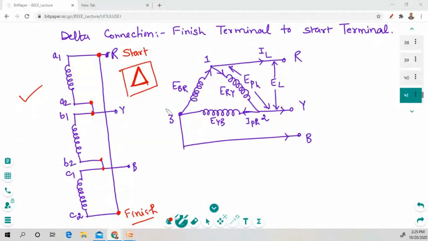I'm going quickly to demonstrate this across the phase in the circle. All the phase currents are also represented in the circle. Okay, now all the line currents and phase currents.